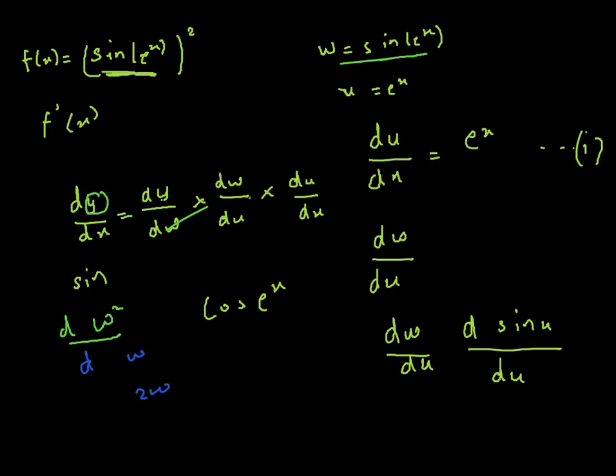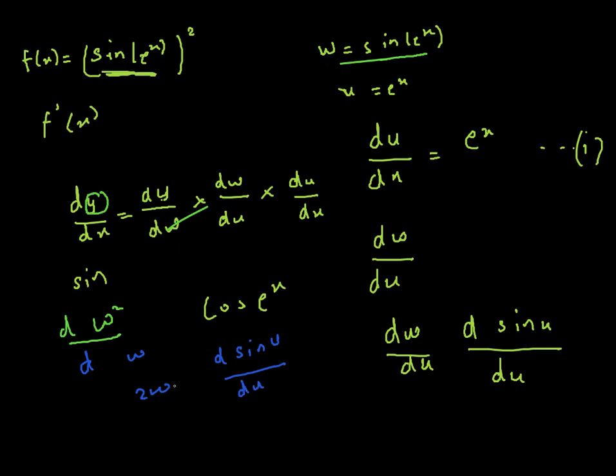Then we move on to dw by du. What is dw by du? dw is just sine of e raised to x. What is e raised to x? It is u. So it is d of sine u by d of u.